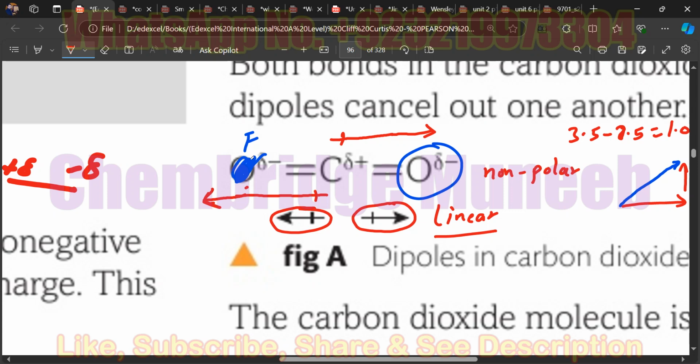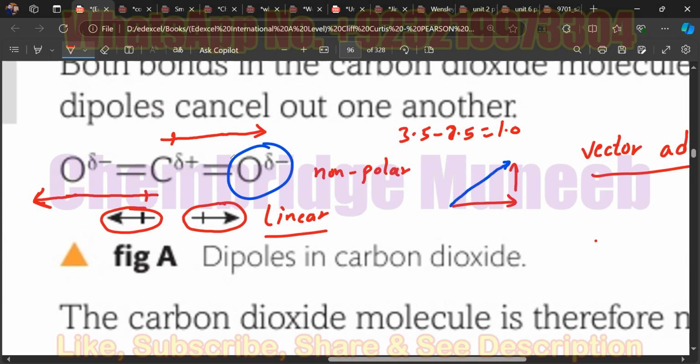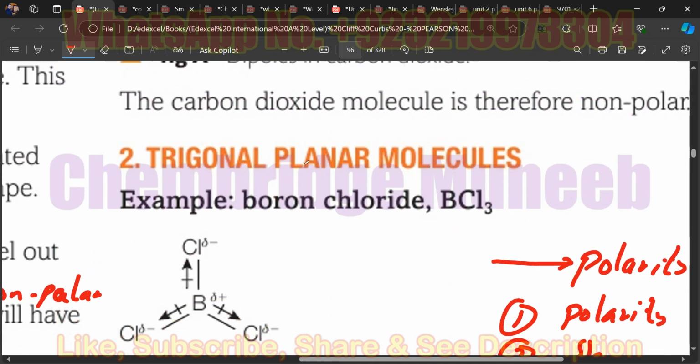So in this case there will definitely be a dipole, and the molecule will be considered a polar molecule. But right now, since the atoms are the same on both sides, the molecule is considered non-polar. Is that clear? Okay, the molecule is non-polar even though the bonds are polar.